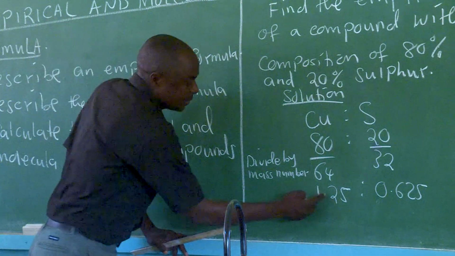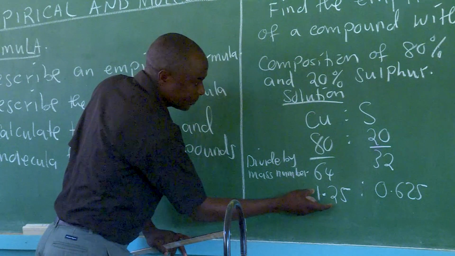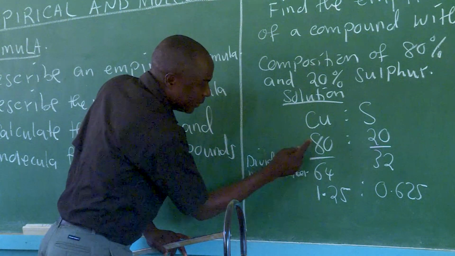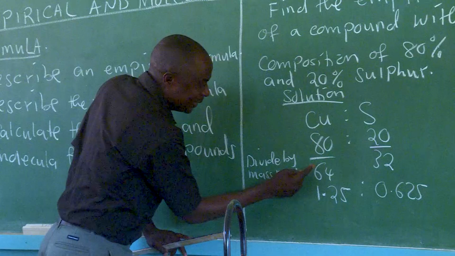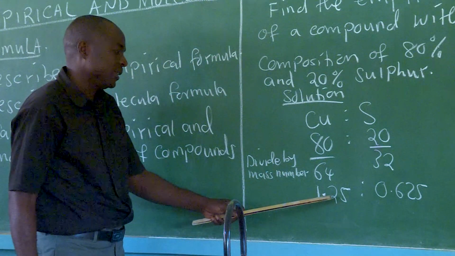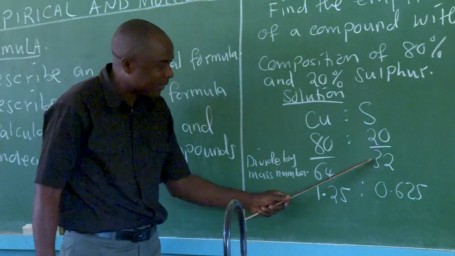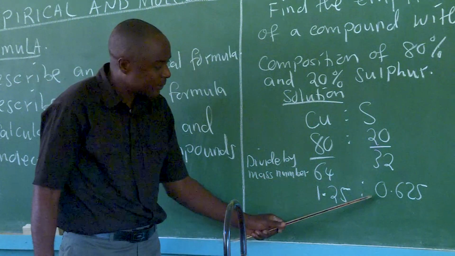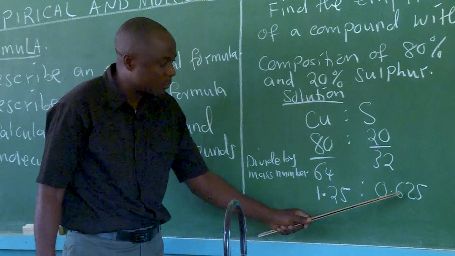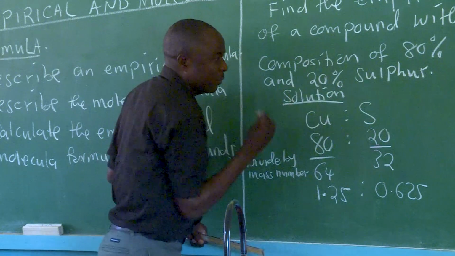So these are the ratios we have found. When you divide 80 by 64, it gives you 1.25. When you divide 20 by 32, you have 0.625. Are we okay? So I'll write these values there on top.